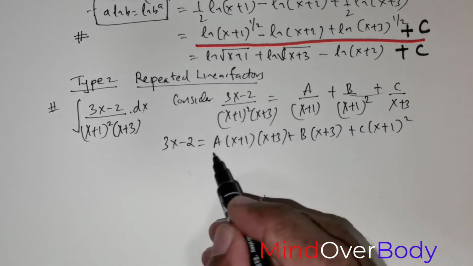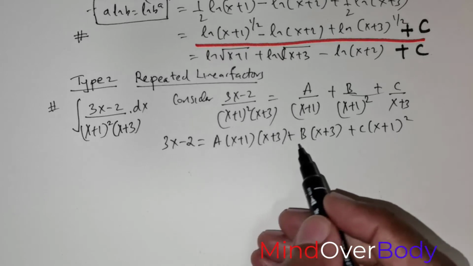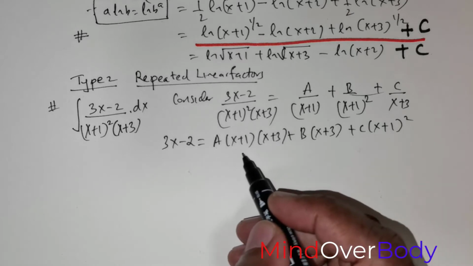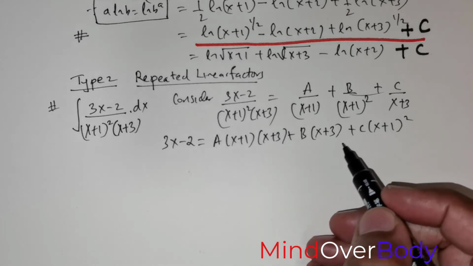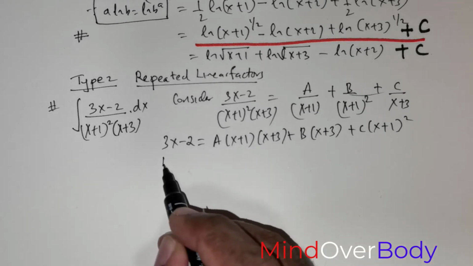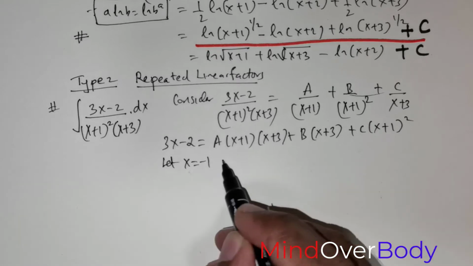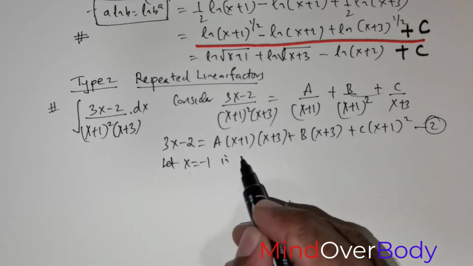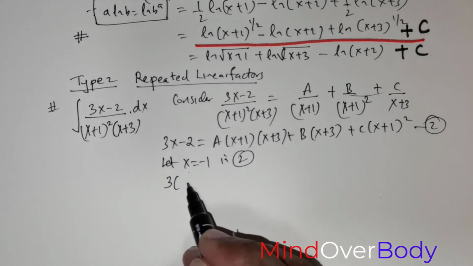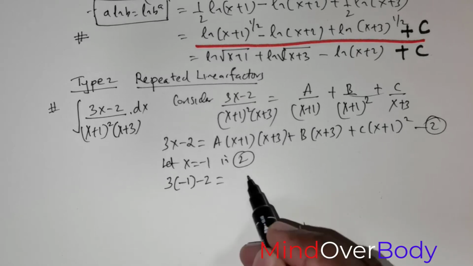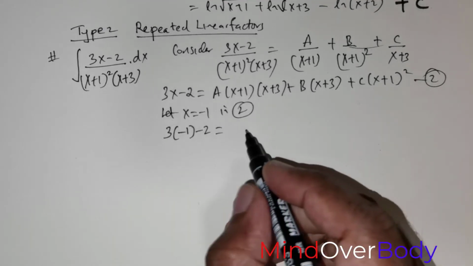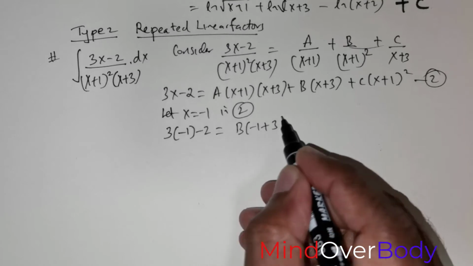As I mentioned earlier, our objective is to make these terms 0, and we can do it in the following manner. In other words, successively we can make these quantities 0. So I will start either with a, or I'll start with b. Let x be equal to negative 1 in 2. Because of that, on the left we get 3 of negative 1 negative 2, which is equal to, this term is going to be 0, but this term is going to be b of negative 1 positive 3.